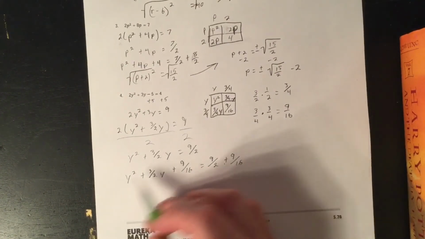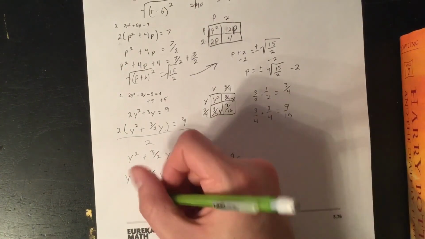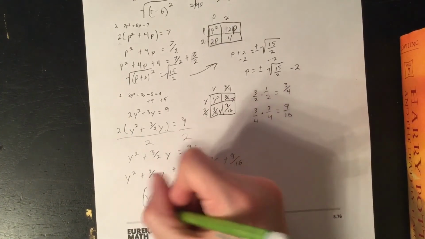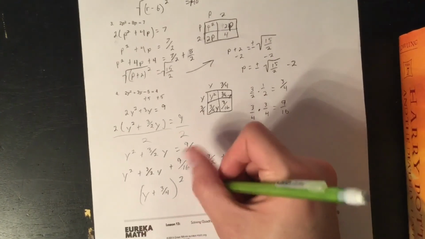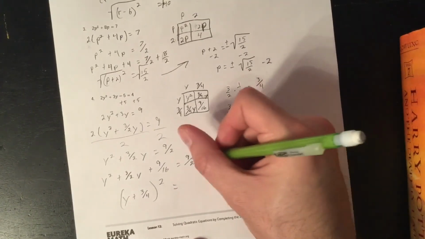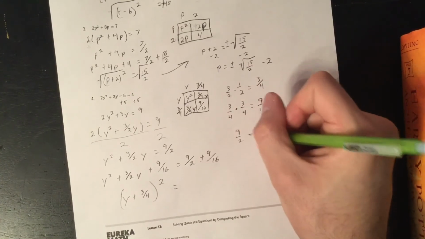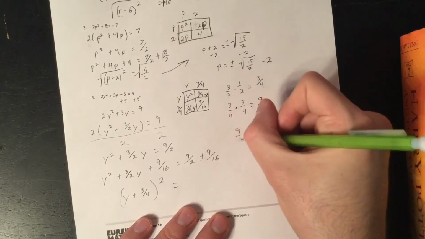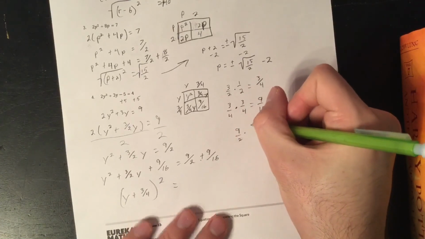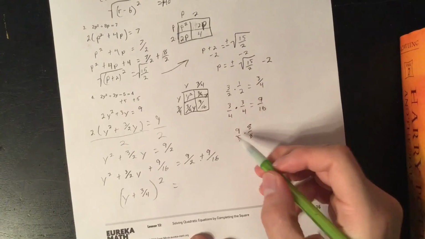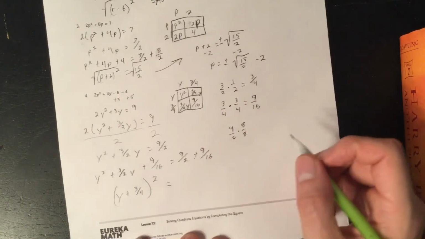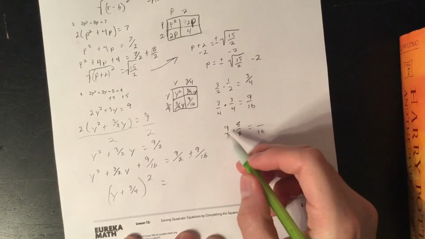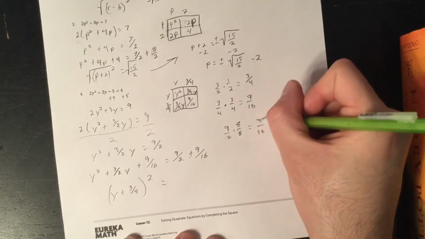Okay, so then on this side here, we'll break it down, we'll reduce it. The factors are y plus 3/4 squared, and that's going to equal, and so off to the side, this 9 over 2, if we multiply it by 8 over 8, we'll end up getting 16 on the bottom, and on the top, we'll get 72.